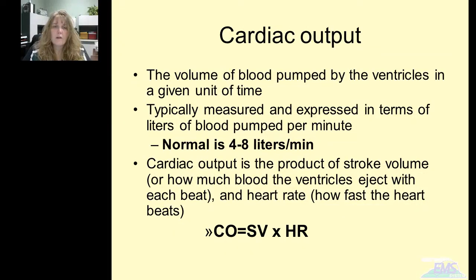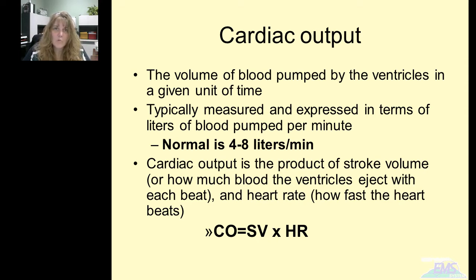When it comes to cardiac output, we're talking about the amount of blood that's pumped by the ventricles in a given unit of time. Cardiac output is stroke volume times the heart rate.